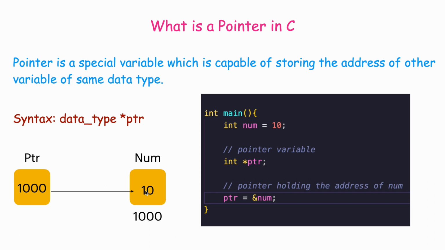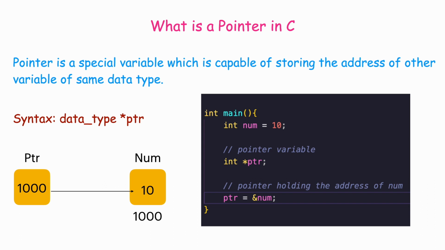So num has the value 10, whose address is 1000, and what I did is, inside my pointer I have stored the address of num, that is 1000, and that is the reason why my pointer is pointing to the num variable. Why? Because 1000 is the address of my num. So what do you mean by pointer? It is a special variable which is capable of storing the address of another variable of the same data type. It is really important to mention the same data type.